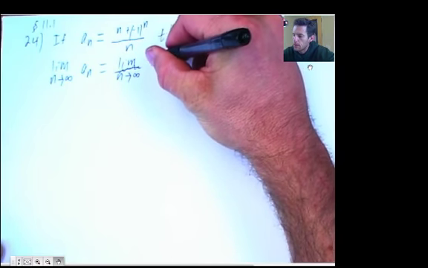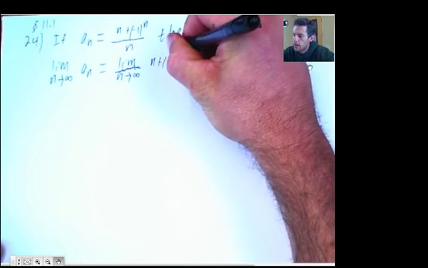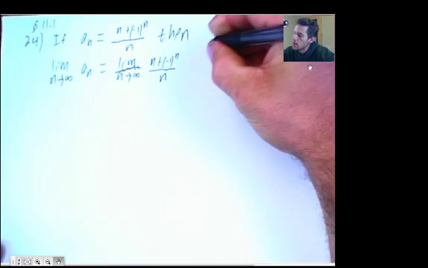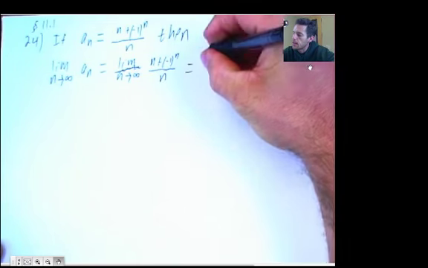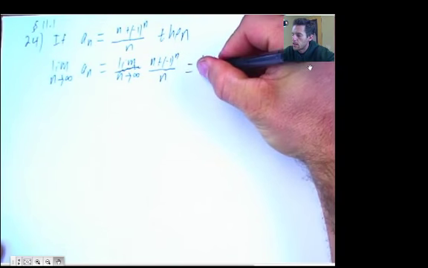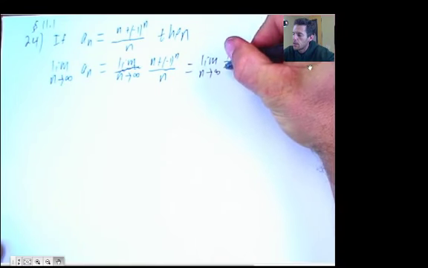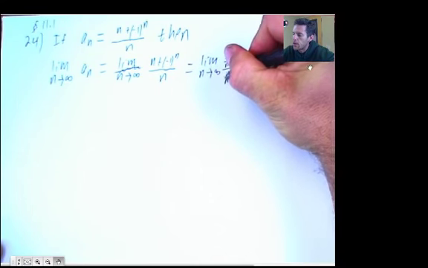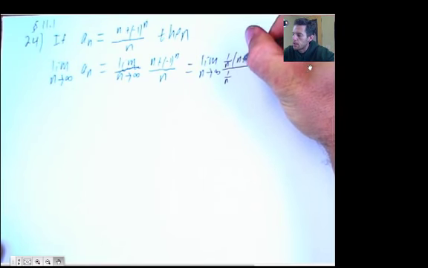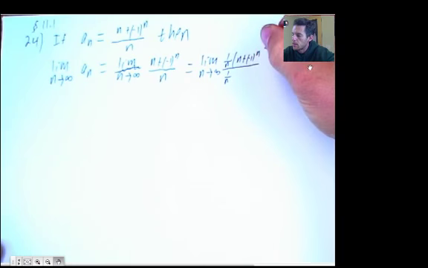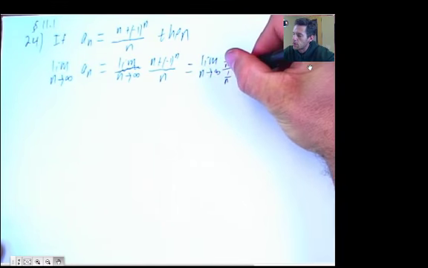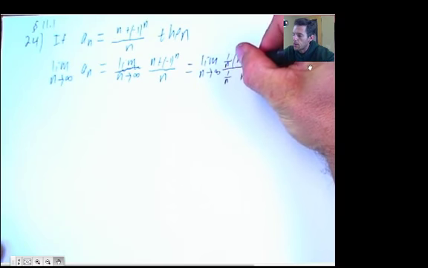That would be n plus (-1)^n, the algebraic expression. Okay, so I can write this as the limit as n goes to infinity of 1 over n in the numerator and 1 over n in the denominator with my n plus (-1)^n, and similarly the n down here.